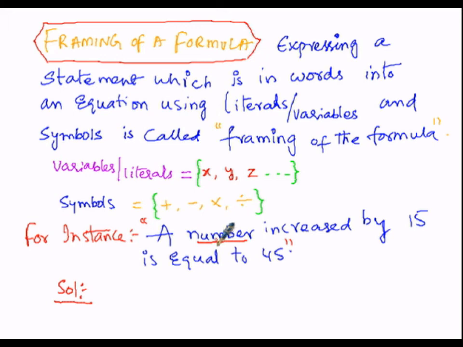If I assume this unknown number as x, then I will be getting the unknown number as x, that is a variable, increased, that is plus, by means of 15. So I will be getting x plus 15, is equal to, the symbol which I am using here is the equal to sign. So here it is equal to 45. So in this manner, your solution starts now. In the first case, let the number be x.